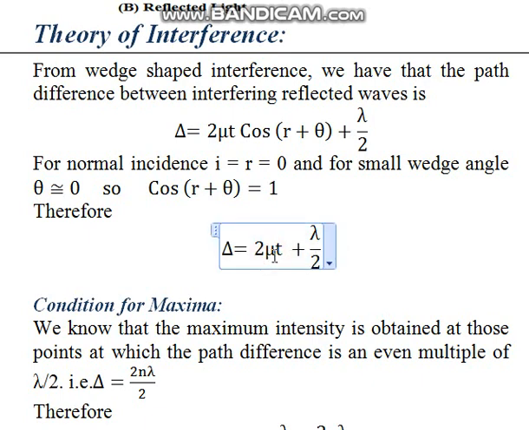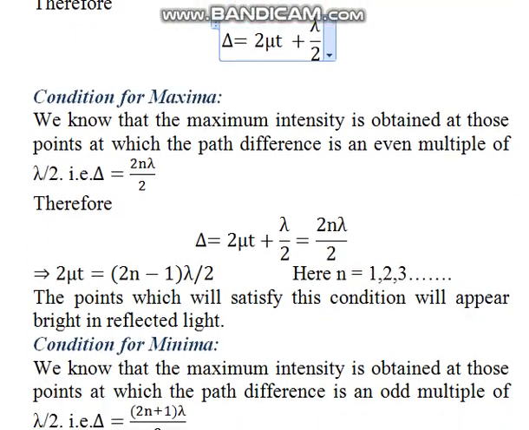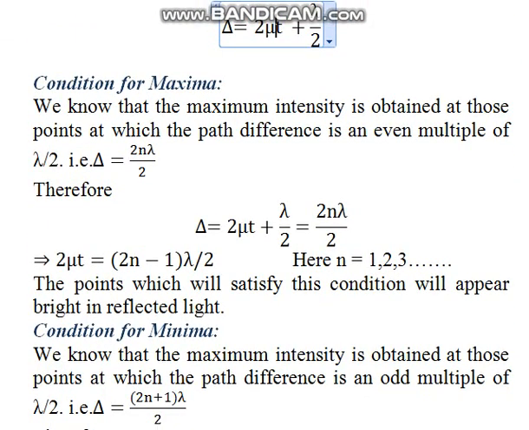Mu is equal to 1 for air, otherwise there may be some liquid or any transparent material there. Now we are able to write the condition for maxima and minima by putting the path difference equal to the even multiple of lambda by 2 and the odd multiple of lambda by 2, and in this way we can obtain the conditions for maxima and minima.